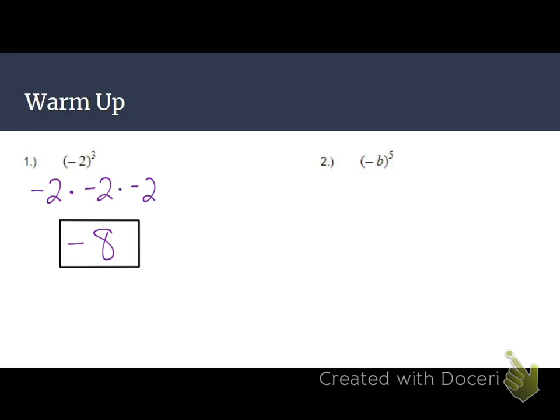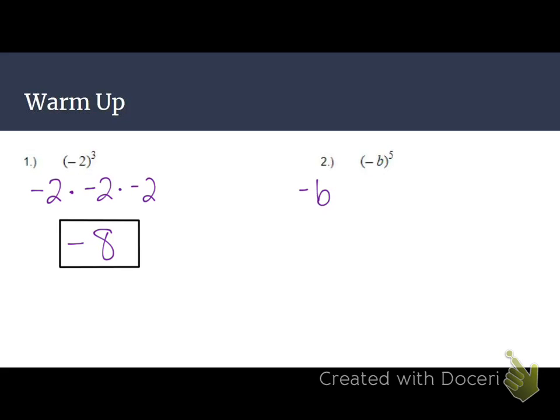All right, on number 2, this one's a little bit different. It does go back to some of the rules we did talk about, or you had to answer a question about on one of your worksheets. If we take (-b) to the 5th power, do you think the answer will come out positive or negative? Negative, because we have an odd power.